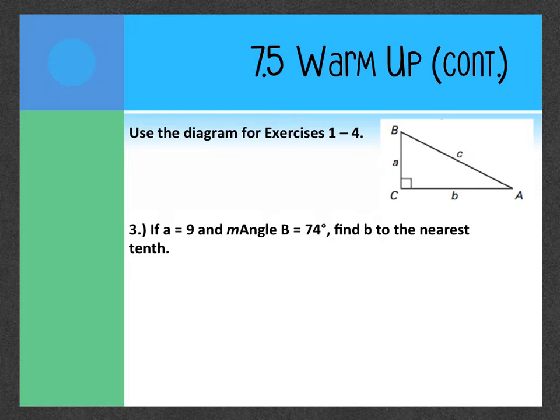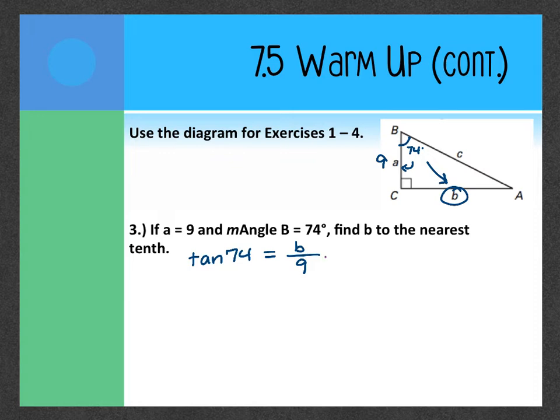Okay, number 3 says if A is 9, angle B is 74 degrees, find B to the nearest tenth. So now I say the tangent of 74 is equal to side opposite it, which is B, over side adjacent, which is 9.